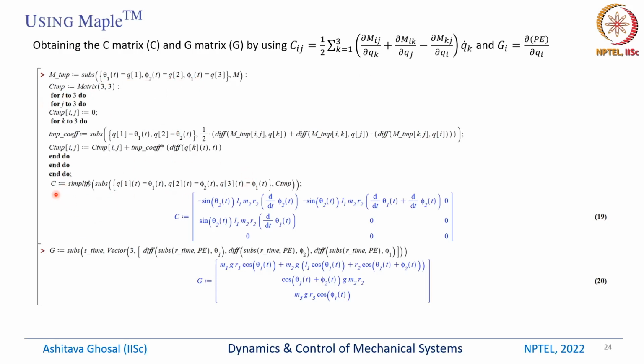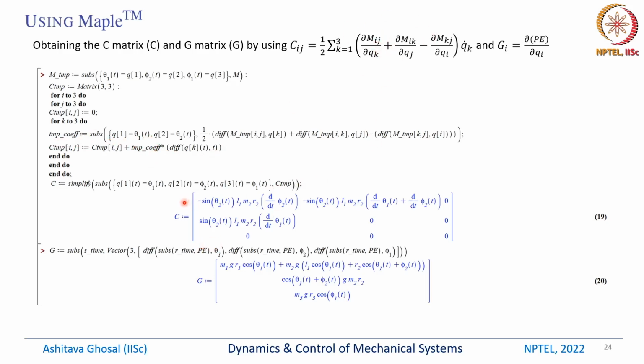So once we have this, we can obtain the elements of the Coriolis and centripetal matrix, which is given by C, and that we obtain by substituting Q1t as theta 1, Q2t as phi 2, Q3t as phi 1, and then we look at this temp, which is some way to capture the derivatives of these mass matrices.